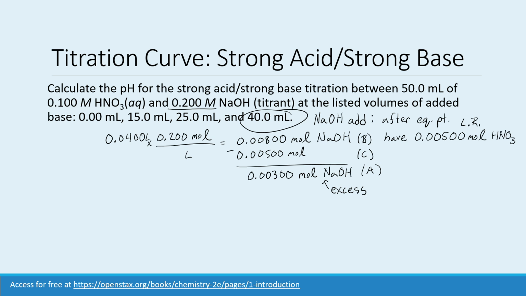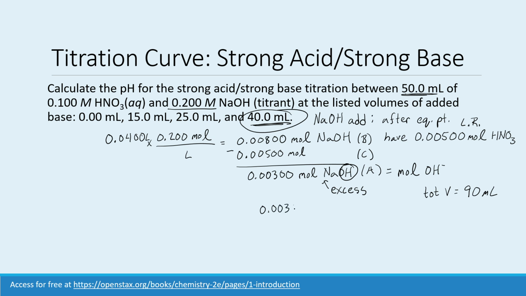Again, it's in moles, so if we want to do pH, we have got to get it in concentration. Also keep in mind that now, because this is the sodium hydroxide, that is equal to not the moles of the hydronium ion, but the moles of the hydroxide ion. So we're going to calculate pOH first, and then change it to pH. We added 40 milliliters of sodium hydroxide to 50 milliliters of that acid, so the total volume is equal to 90 milliliters.